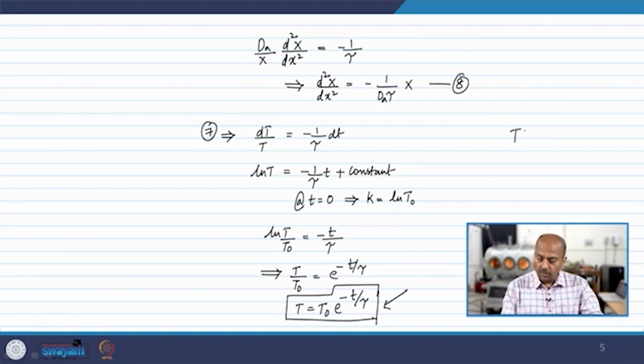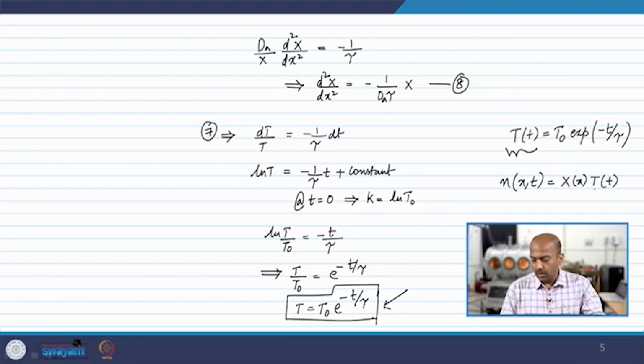Now, you must remember T of t is T naught exponential minus t by tau, right. This is of course a name that is given for the solution. What is T? n of x, t is what? This is X of x and T of t. So, that means T is still talking about n, nothing else, okay.